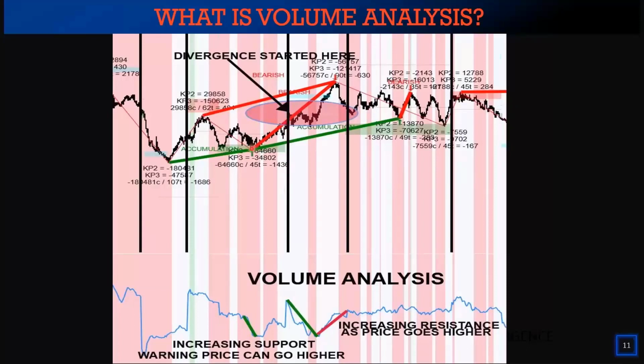So what's happening after we made the low is we're increasing our support as price went higher. They were trying to sell it, and limit orders were coming in to support price. That's why price didn't fail, even though the delta here was going to be negative.